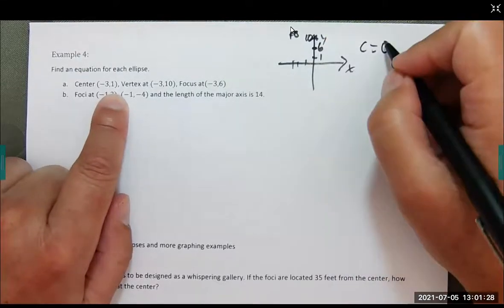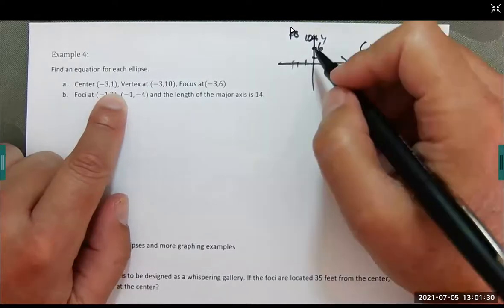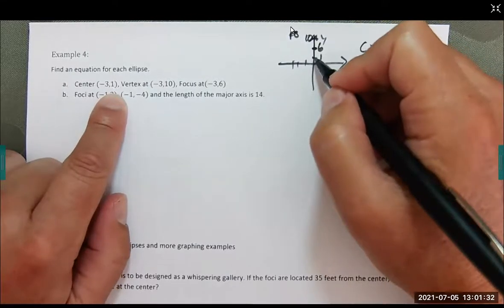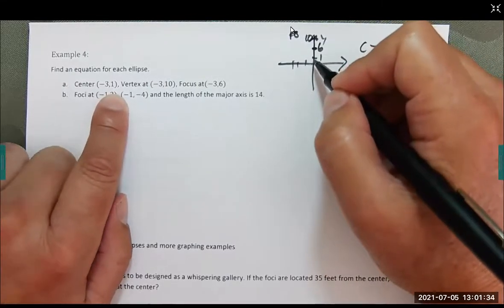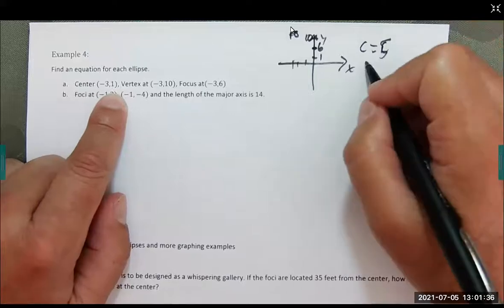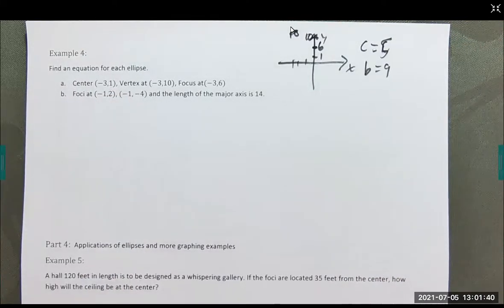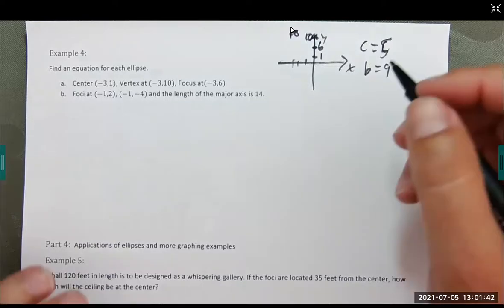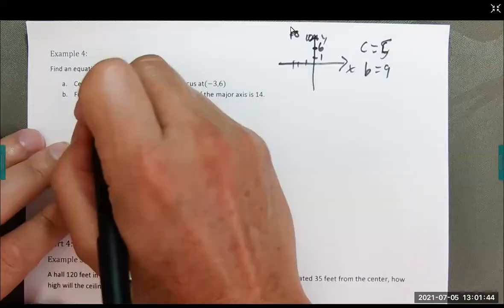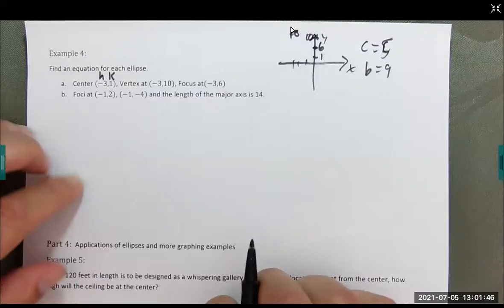And we know that this is the major axis, so that's going to be 9. So it looks like B is 9 in this case. So from that, we can get A. Oh, and we already know that the center, this is HK. And remember, we got to switch the signs on that.